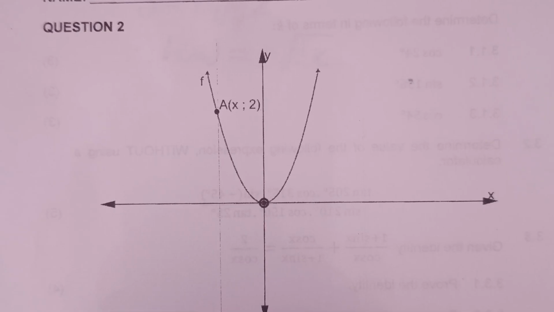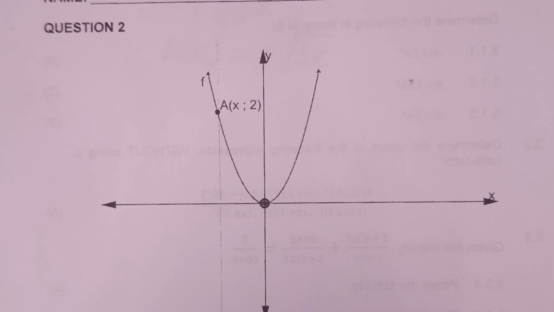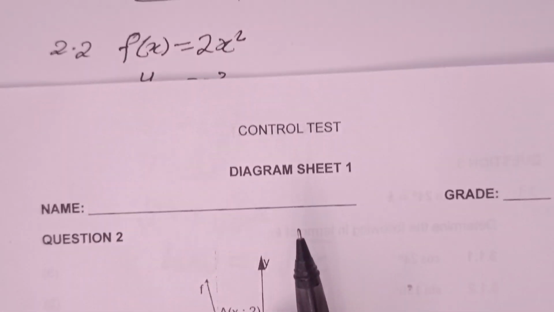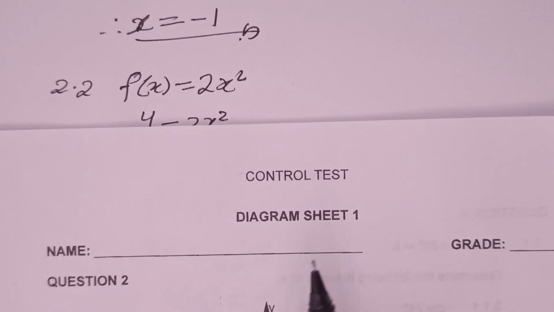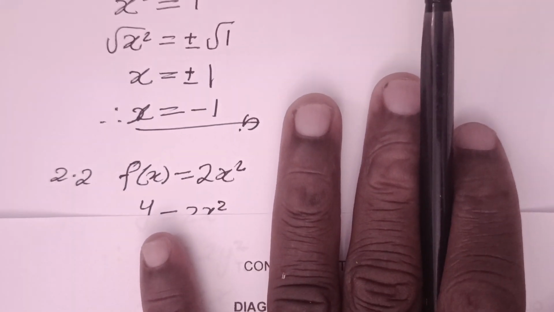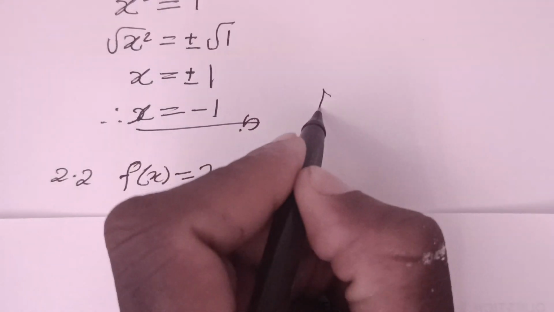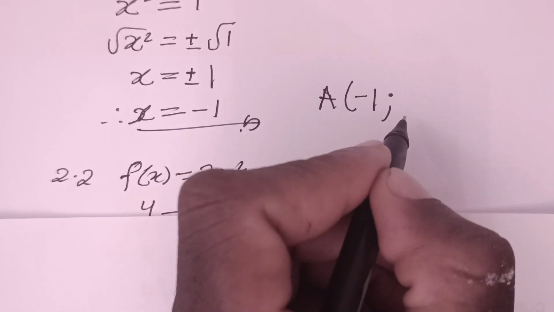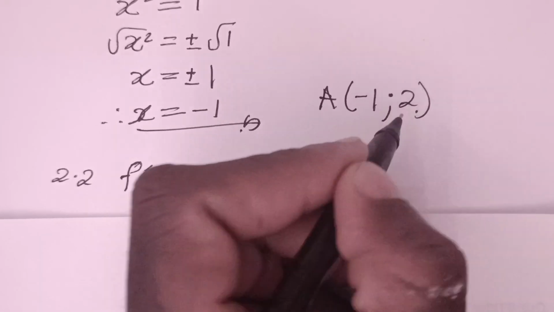Now, since this original function existed at A, when x was minus 1, y was 2.